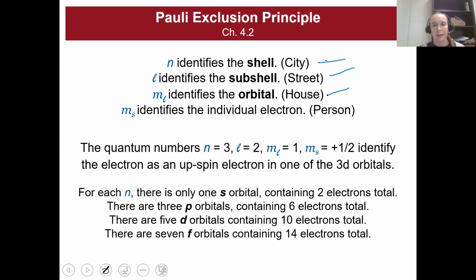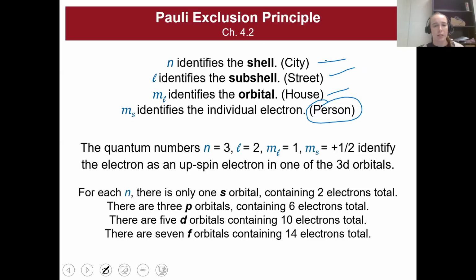We're getting a more precise idea of the location of the electron. And finally, the person in the house is the electron. So for example, your mom and dad or your roommate and yourself. So m sub s identifies the individual electron. It's like identifying the individual person inside the house.